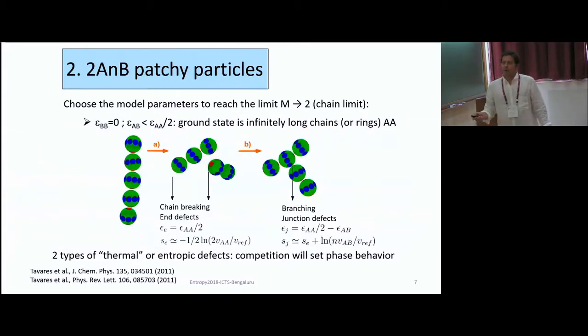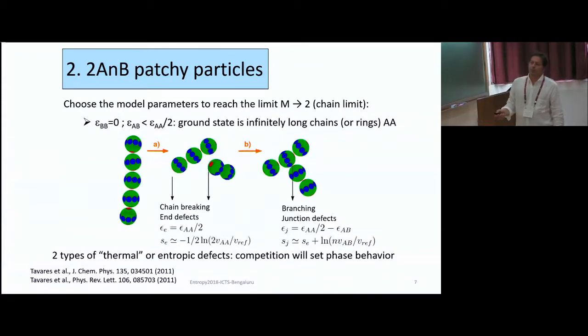And you can also estimate the variation in entropy when you create a junction. You have an increase because to create a junction you have to create an end also. But then you have here, usually for most models, a negative part.